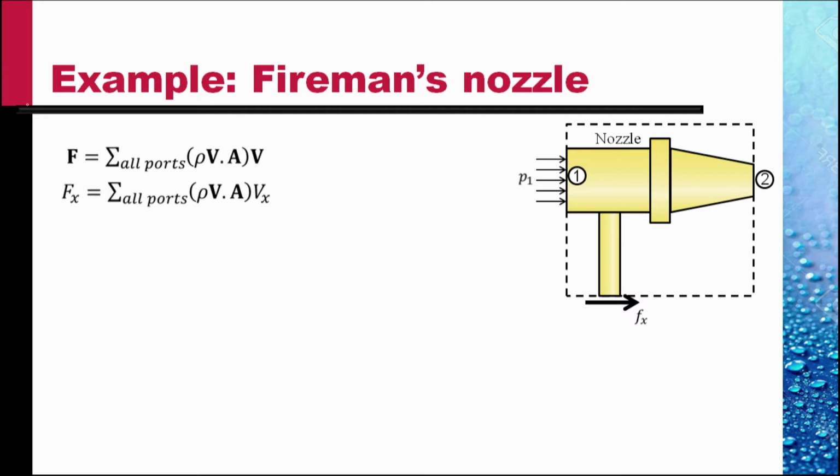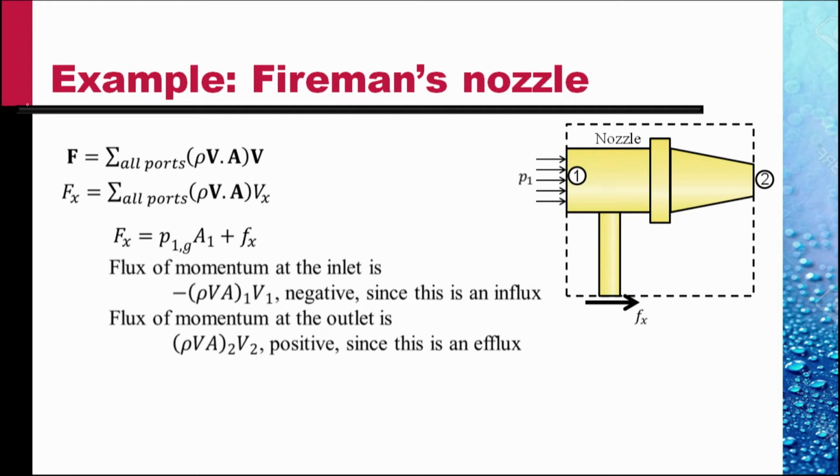So the equation in the x direction would be: Fx, the total external force, would be the total net efflux of x momentum, because this is steady flow. So there is no rate of accumulation.